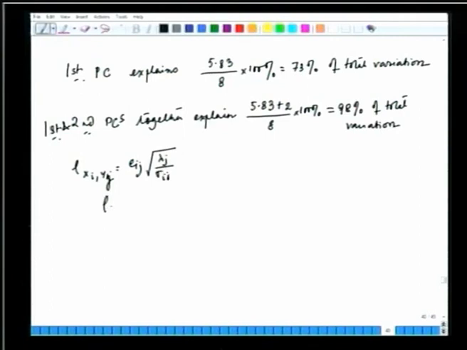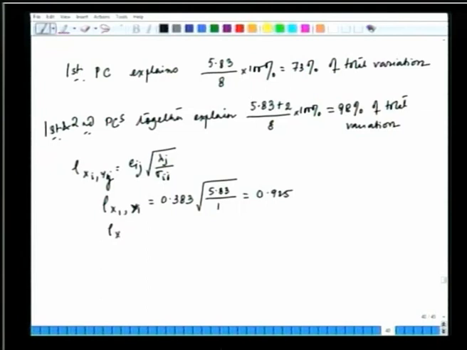So rho of x1 with y1 is 0.383, that is, I am considering eij, the jth eigenvector, the first eigenvector and the first element of that, 0.383, and the first eigenvalue, because j is equal to 1, that is 5.83, and the variance of the first variable, the first element of the sigma matrix. This is equal to 0.925. This tells me about the relative importance between x1 and y1.